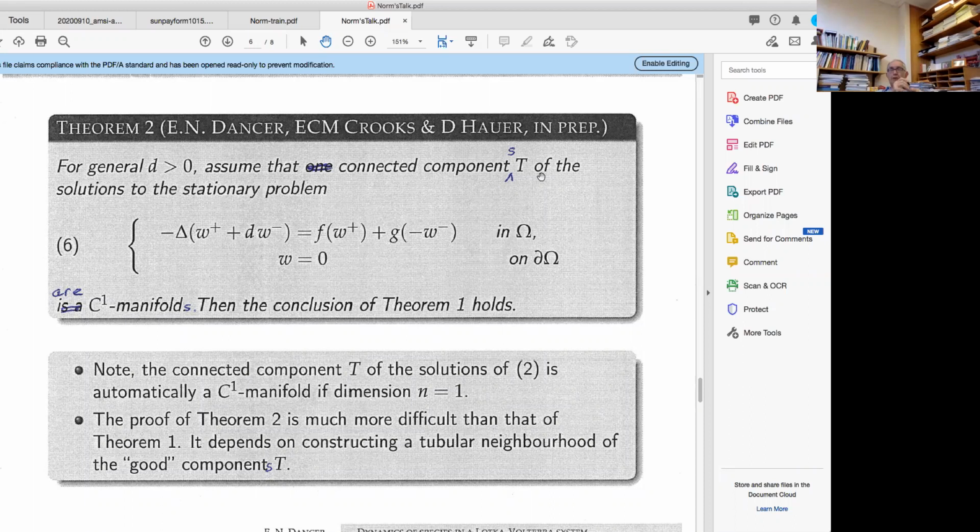Now, there's a couple of comments here that, in fact, the solutions could be isolated points, isolated solutions, and that is counted as a C1 manifold. And in fact, you can improve C1 manifold to C0 manifold because it turns out that's good enough because you can use regularity. Now, as you can see, the original statement was slightly wrong. That's why it was changed.